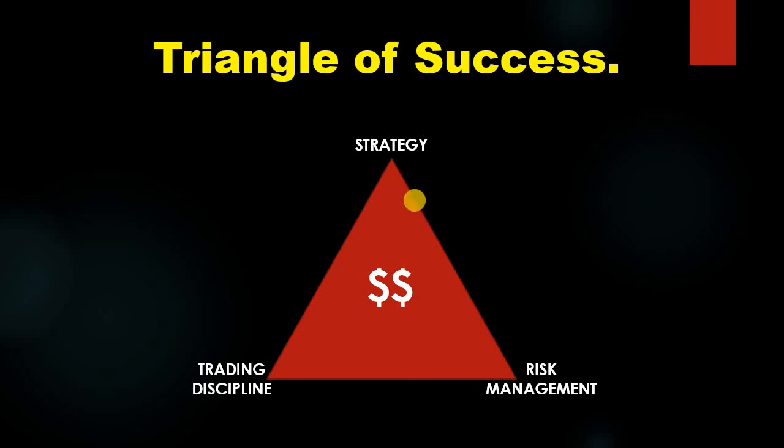And that is why risk management is very, very important for you to stay longer in the market, to continue to trade your strategy so that the numbers will be in your favor in the long run. So risk management is key when you talk of the triangle of success in forex trading.